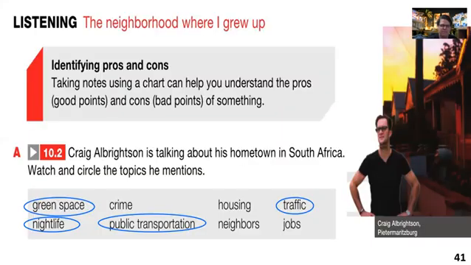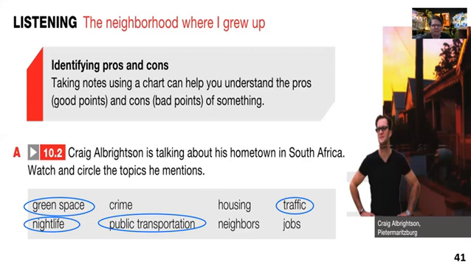That's it. So green space, traffic, nightlife, public transportation. Those are the things he mentions.